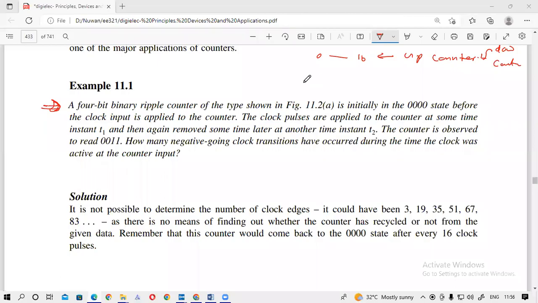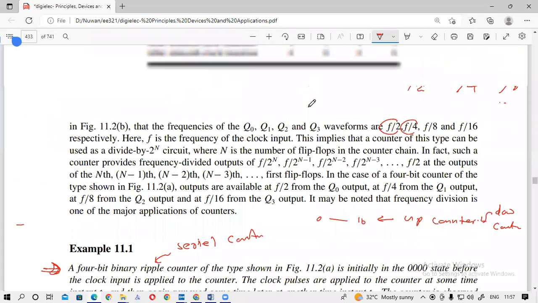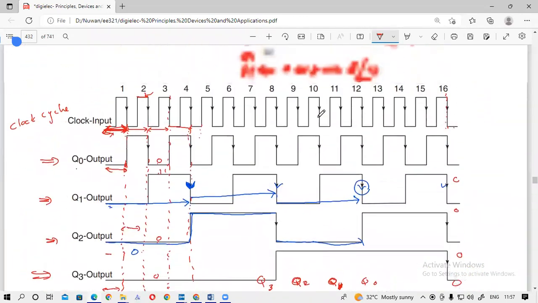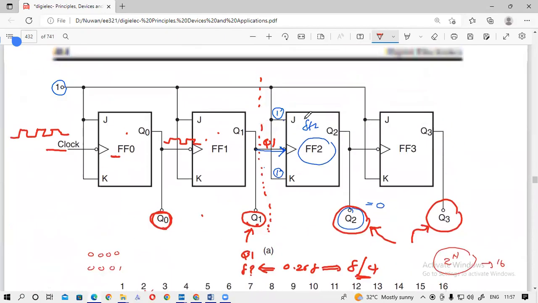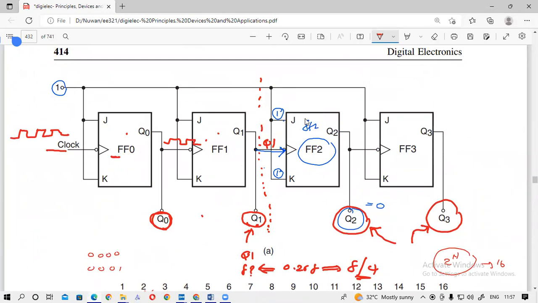Okay, did you try that? So actually these counters are called ripple counters, and also they are called serial counters, because you can see that the clock is input serially to each flip-flop. Here the clock is first input to this one, then the output of this will be the input clock for the next flip-flop.